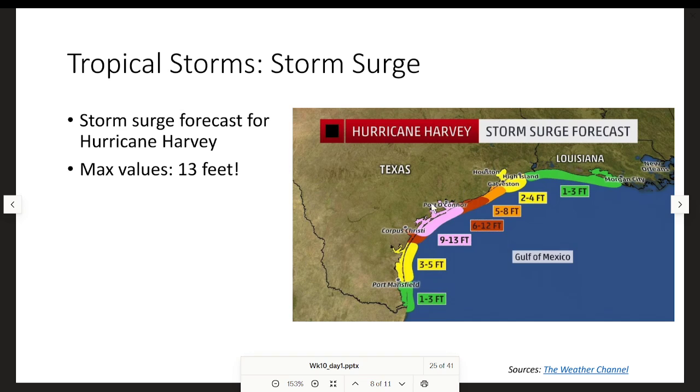That means that everywhere that is less than 13 feet above sea level is going to be underwater. If all of this area right here is 13 feet above sea level, it's all going to be flooded out. It's not just 13 feet inland. It's everywhere that's 13 feet above sea level or less that is going to be flooded.